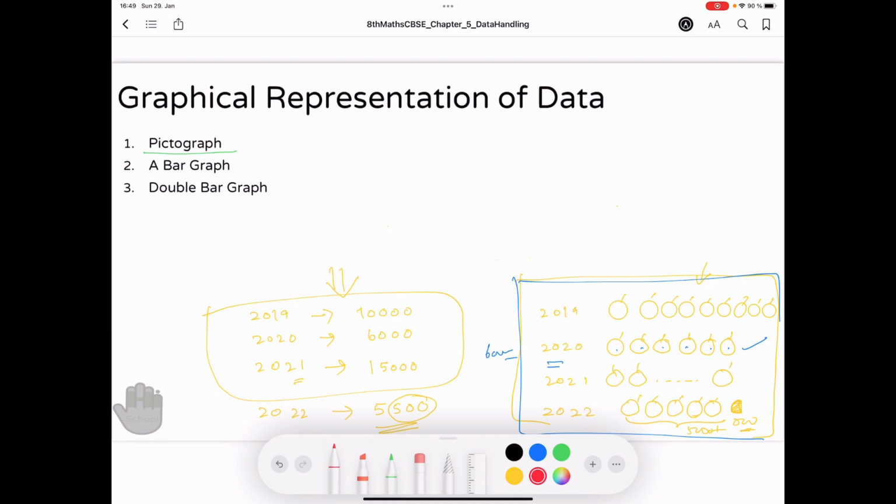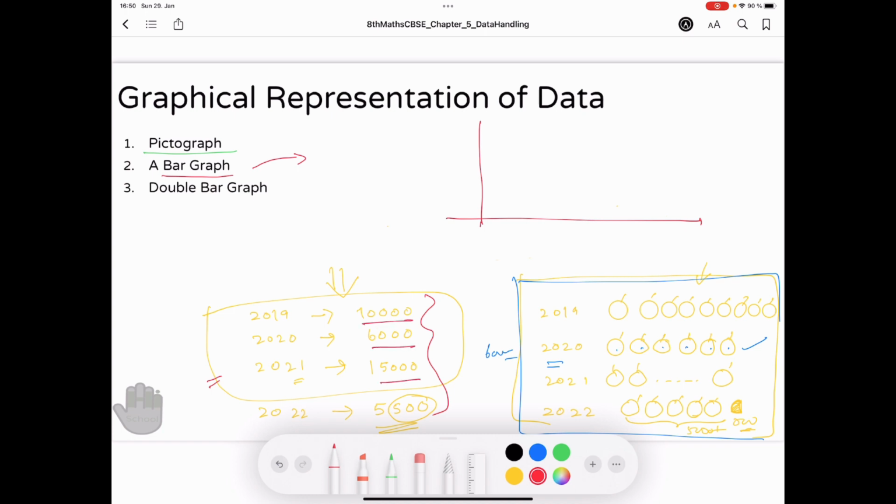Now let us look at what is bar graph. Okay, bar graph essentially is about when we are having categories, and in different categories we represent data. For example, in this data what categories do we have? These numbers we have, but for what are these numbers?